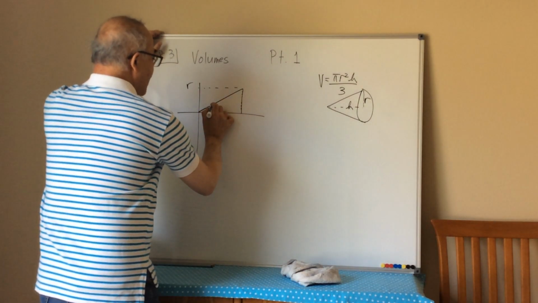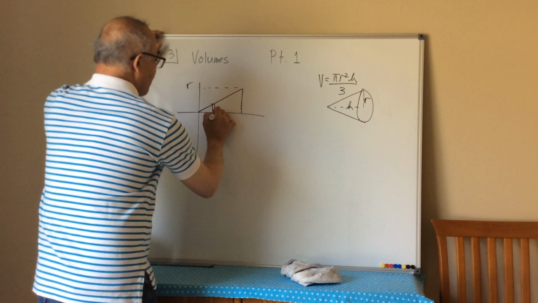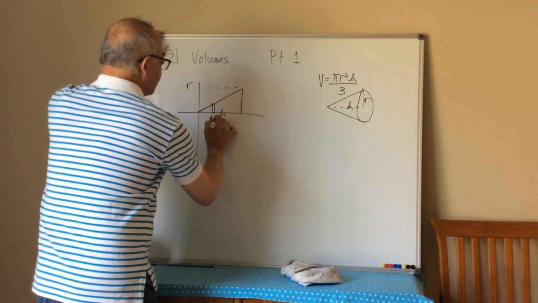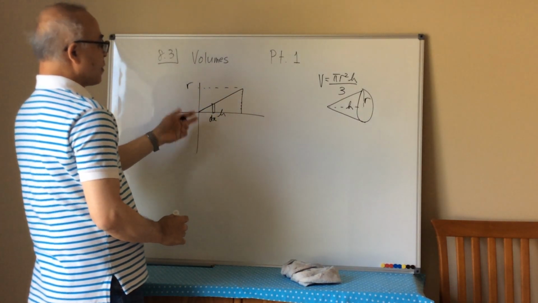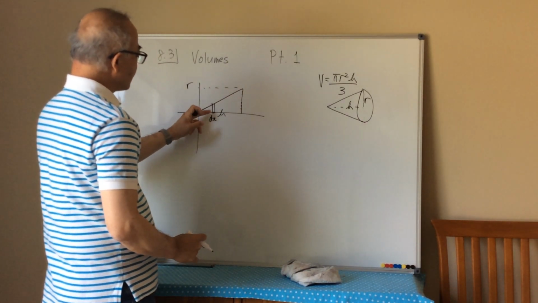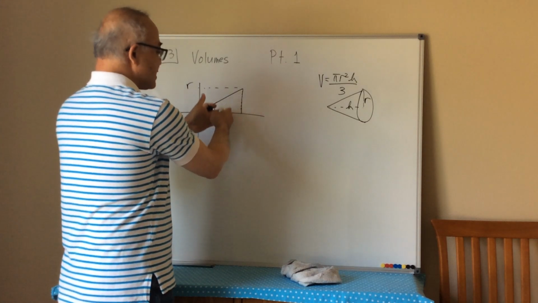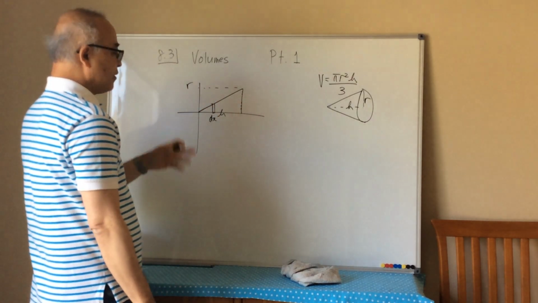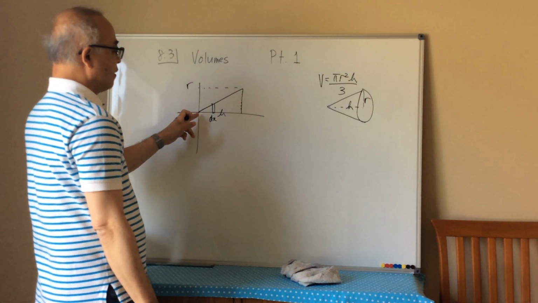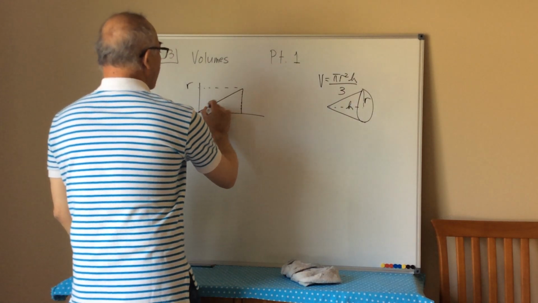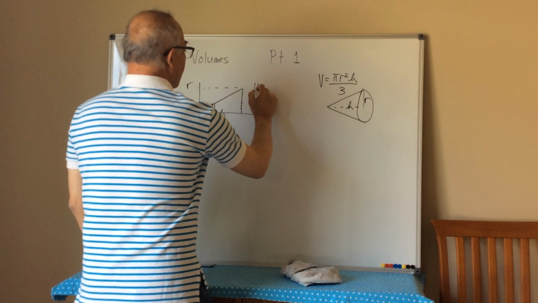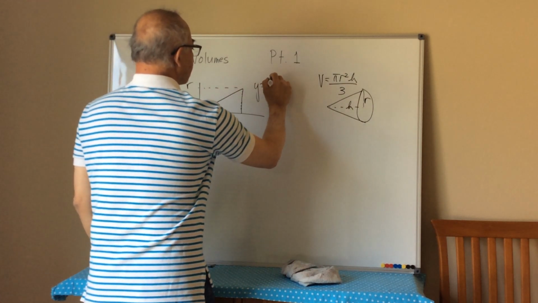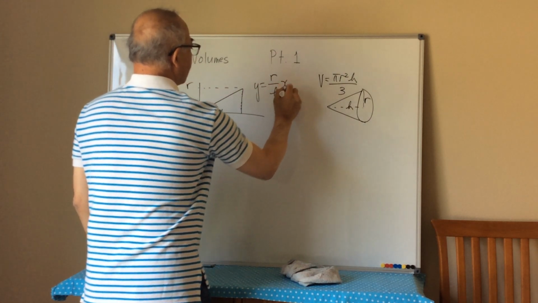In this one, I'm going to take dx and rotate this around. The problem now is that the radius of each little slice that I cut is going to be different, so I have to find the equation of this line. Y is equal to rise over run.